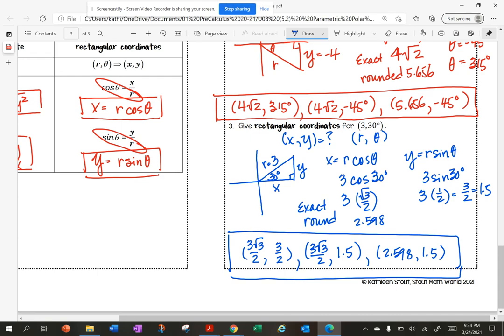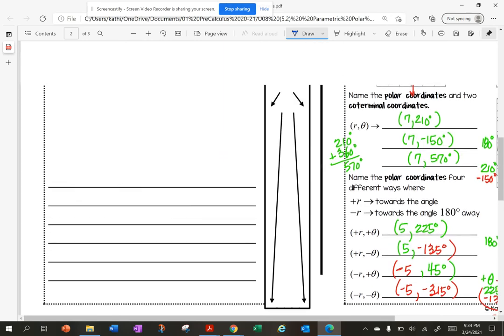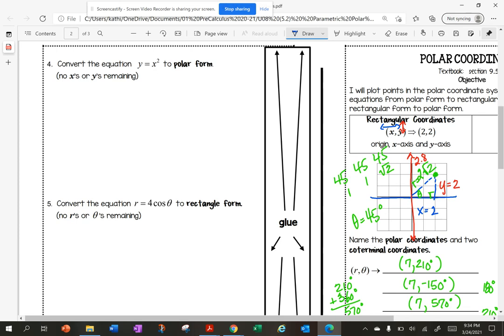Okay, so next, let's switch equations back and forth. Convert the equation y equals x squared to polar form. So that means I don't want any x's or y's. So I'm going to substitute in. I know y is r times the sine of theta, and x is r times the cosine of theta.